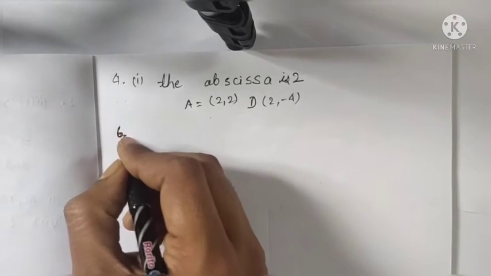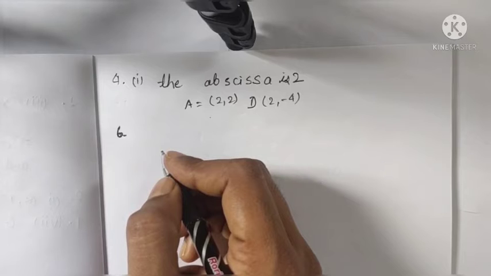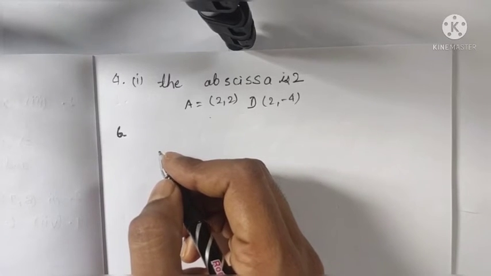Now question number 6. Question number 6 is: in each of the following, find the coordinates of the point whose abscissa is the solution of the first equation and ordinate is the solution of the second equation.